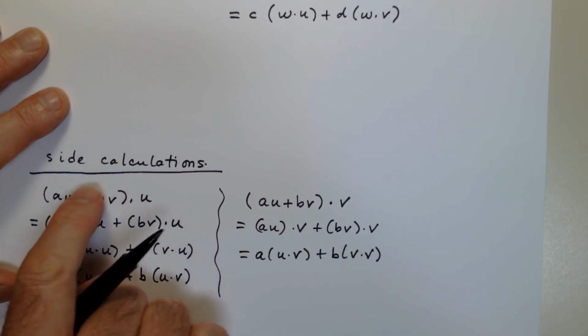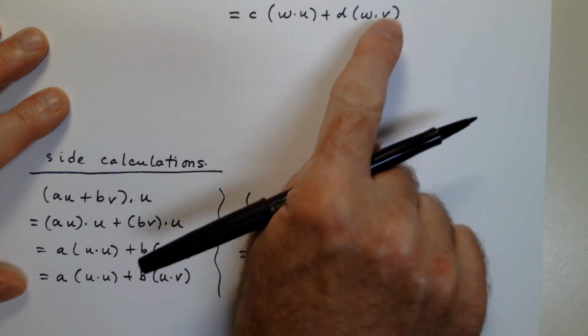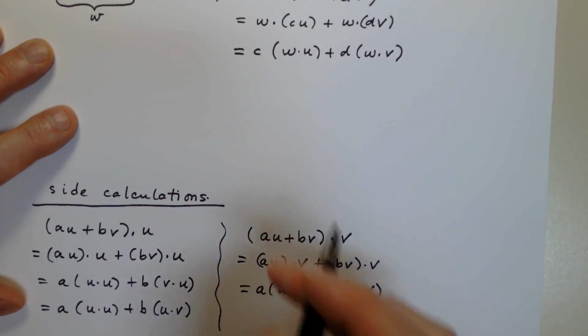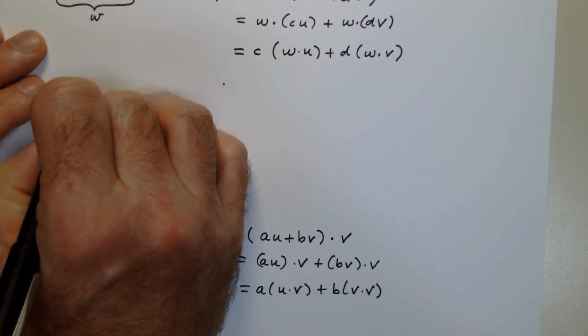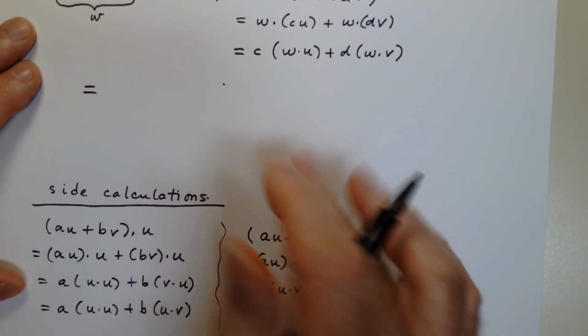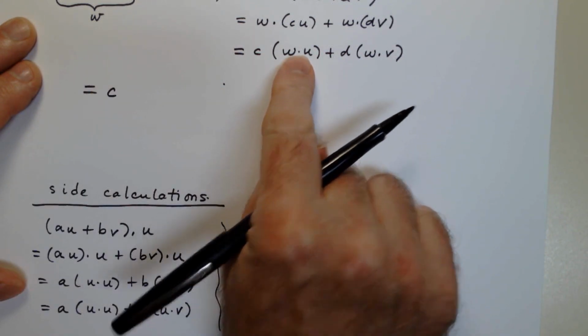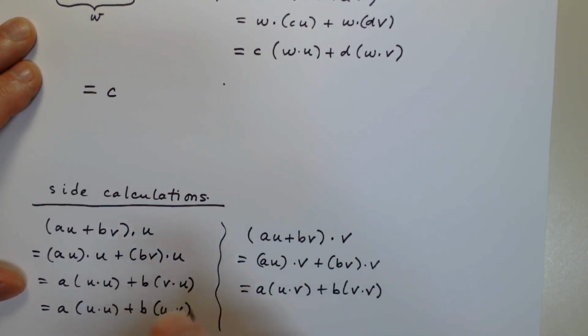Now what I want to do is bring these back up here into the main calculation and finish up the problem, right? So I'm going to start it over here just to give myself some space. I'm going to take C, and in place of w dot u, I'm going to write this.